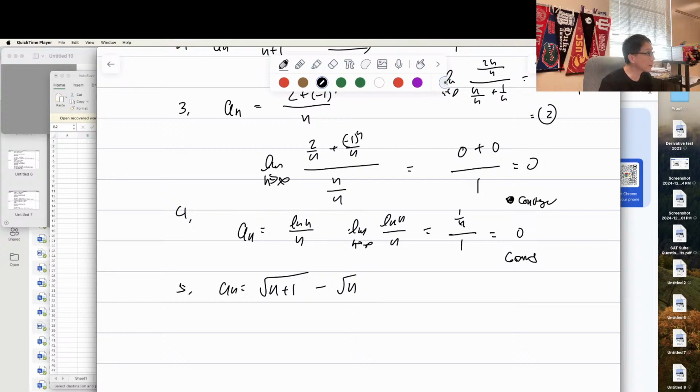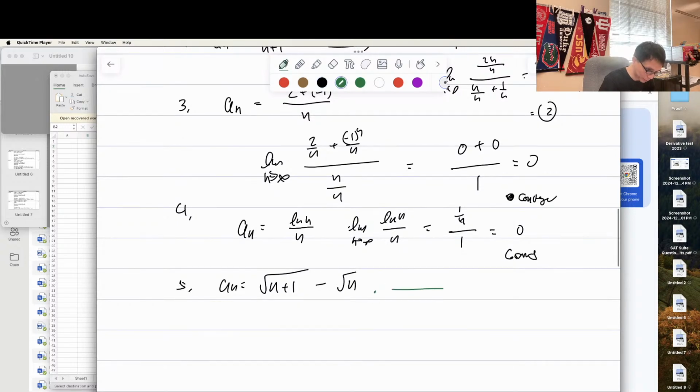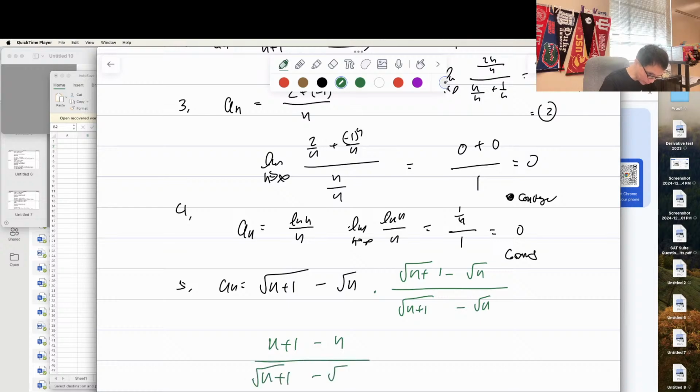So the answer is converge. But algebraically, it's kind of different. If you have two radicals, what can you do? Multiply by the conjugate. Because that's essentially the same, right? And if you do that, what will happen? n plus 1 minus n over square root of n plus 1 minus square root n.